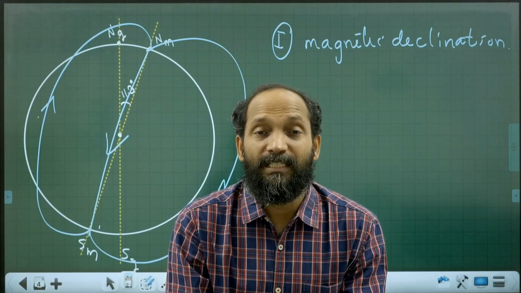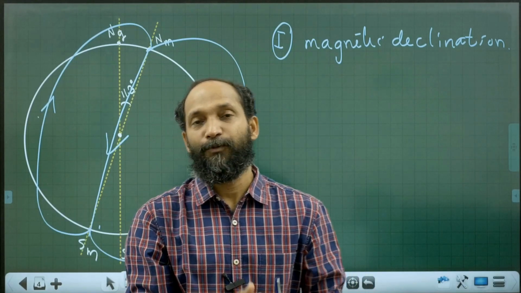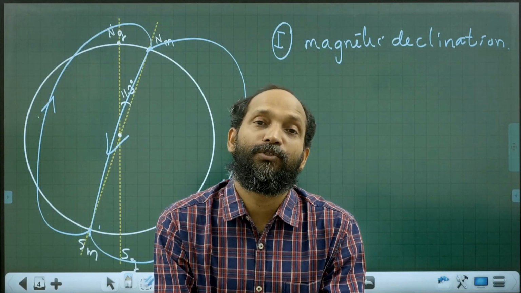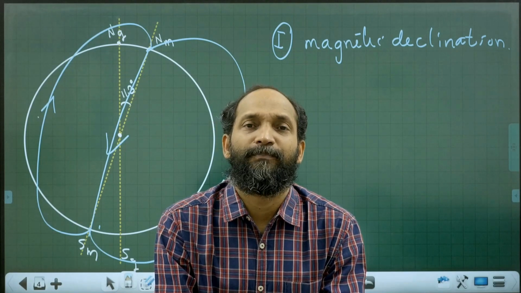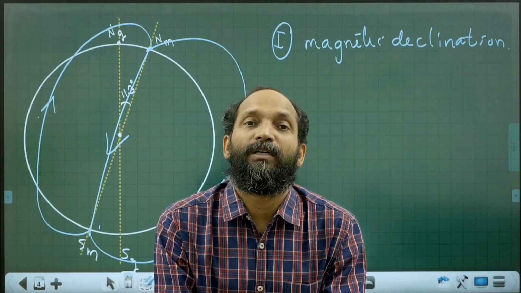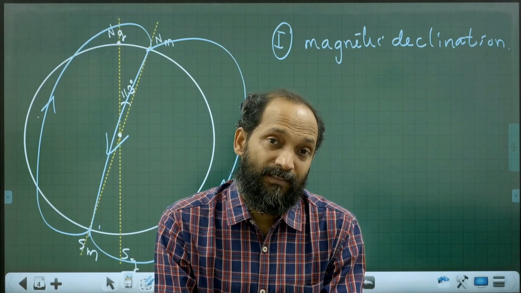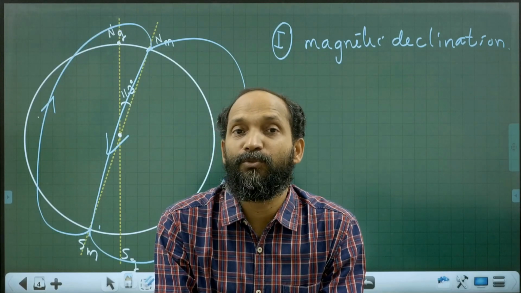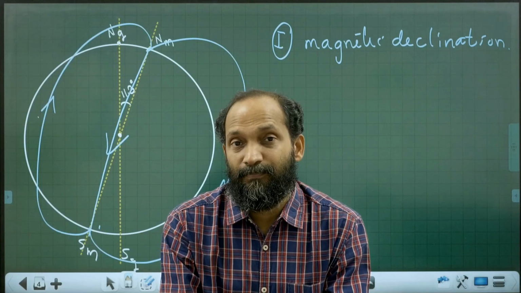Without any parallactic angle, if you are watching these two together, suppose you are standing close to the Indian Parliament, New Delhi, and you can watch India Gate behind it. Actually, these two are 2 or 3 kilometers apart, but you can see them without any parallax.